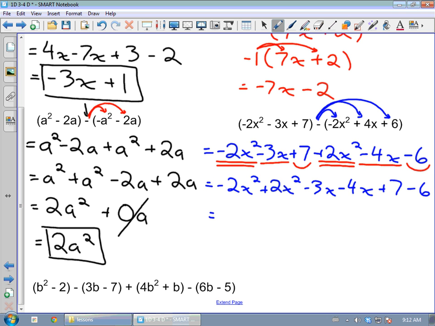And then I can combine them together. Negative 2x plus 2x. Let's see, negative 2 plus 2 just gives me 0. So I'm not even going to write that. Negative 3x minus 4x. Negative 3 minus 4 is negative 7x. And 7 minus 6 is positive 1. Negative 7x plus 1.